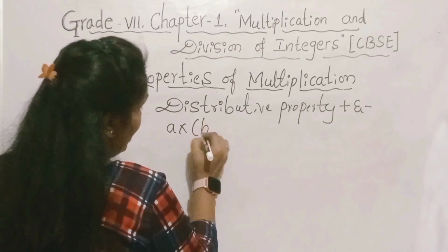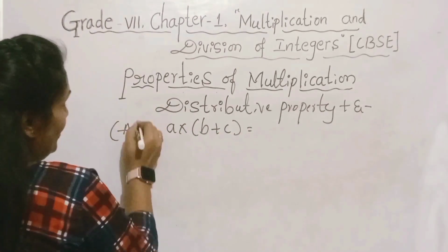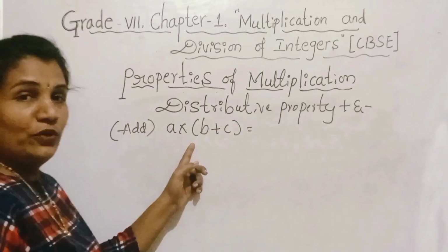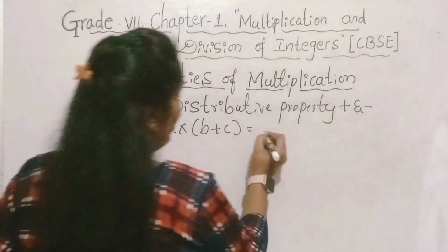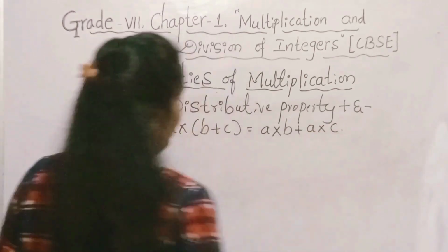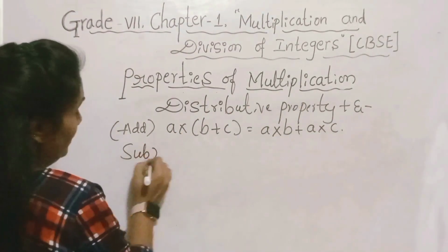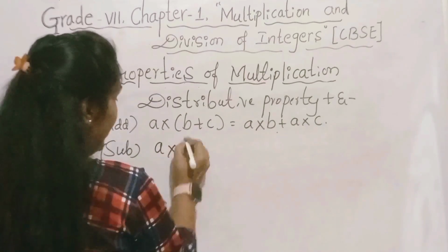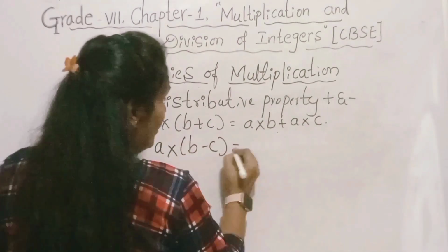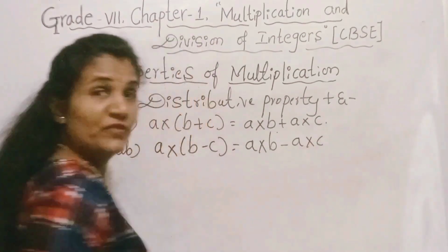A into B plus C is equal to A into B plus A into C. This is according to addition. And in the case of subtraction, A into B minus C is equal to A into B minus A into C.